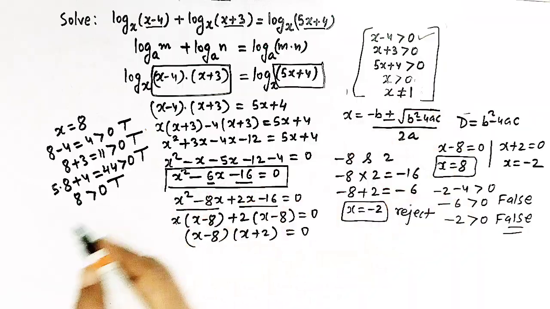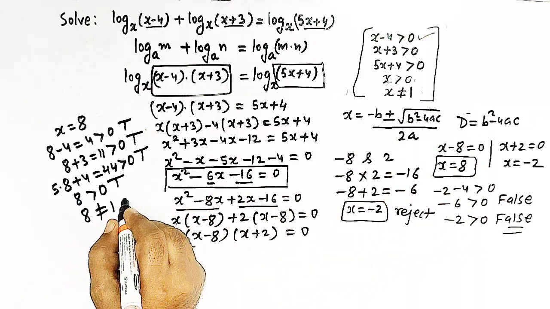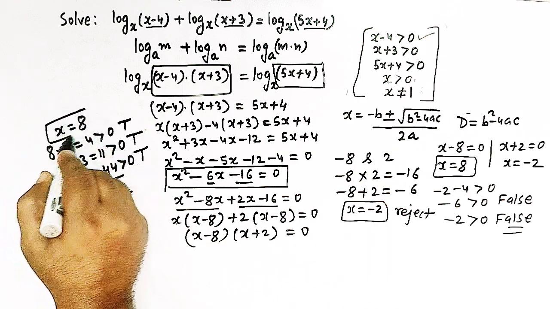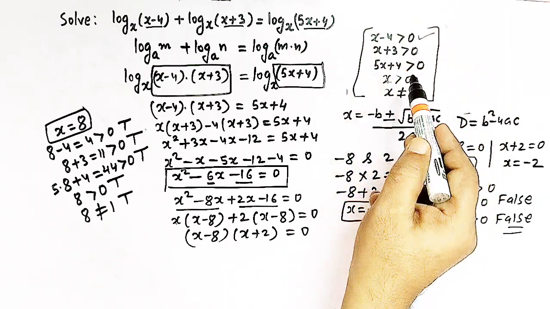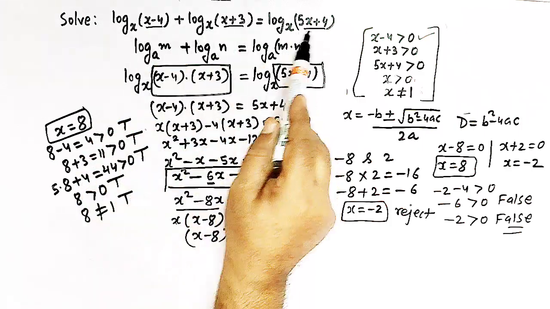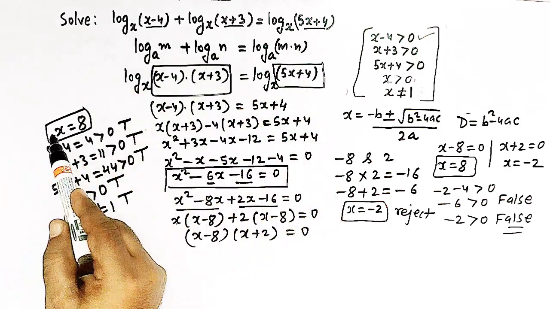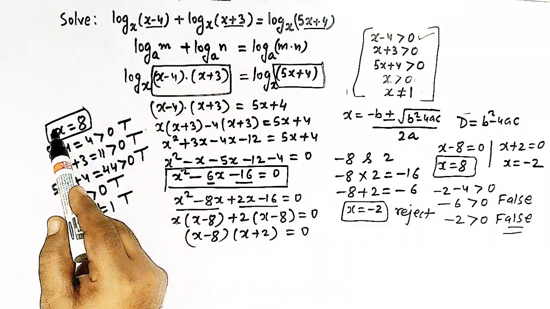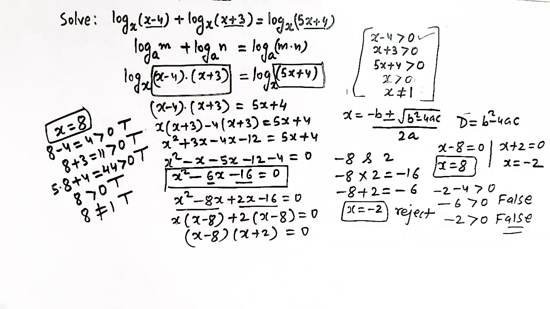And here x is not equal to 1, so obviously 8 is not equal to 1, so this is again a true statement. So we can see that x is equal to 8 satisfies all these conditions, right? So x is equal to 8 is a solution of this logarithmic equation, and we can also verify whether x is equal to 8 is a solution of this equation or not by substituting x is equal to 8 in this equation.